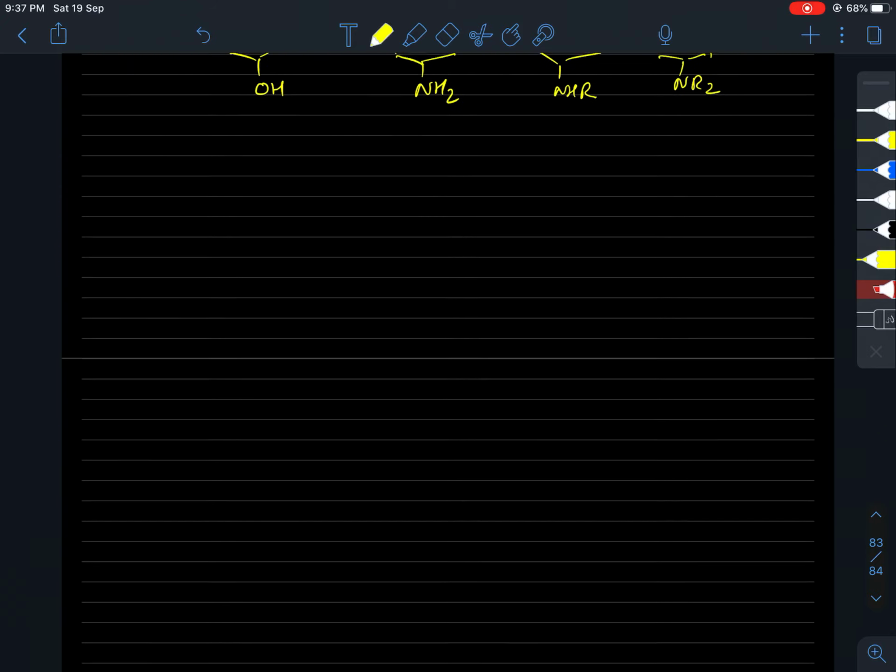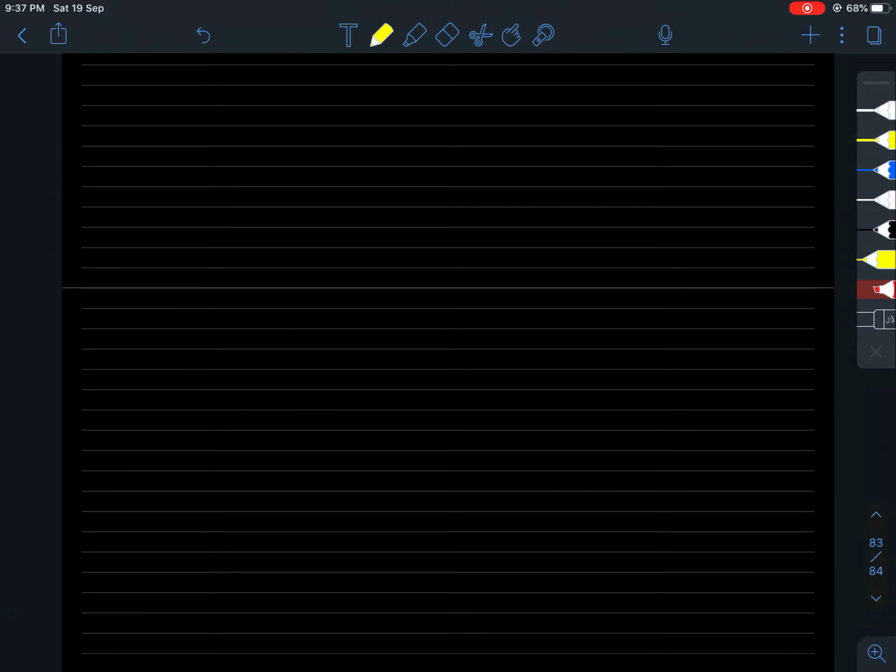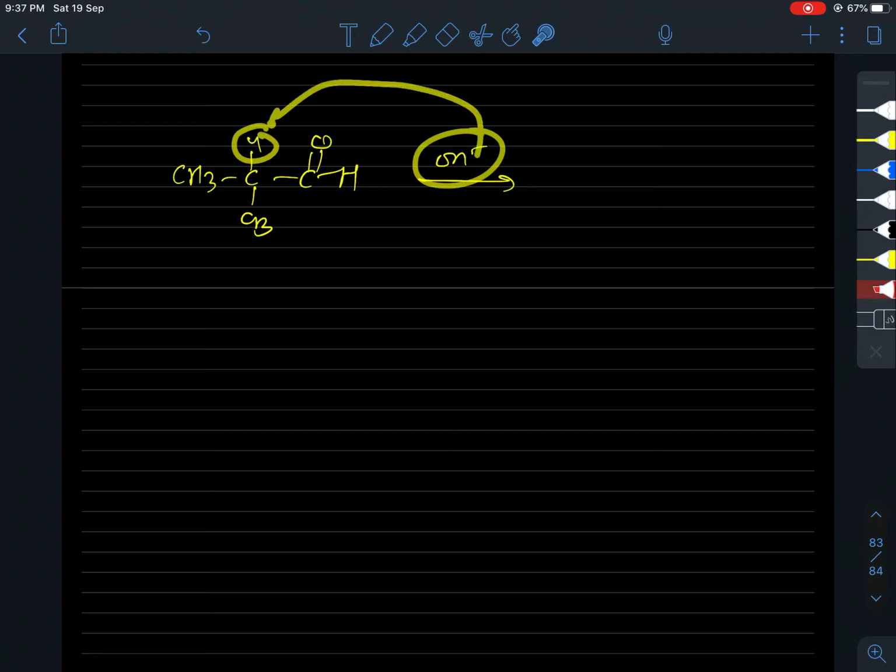Okay, and now coming to the last and final part, which is also really important, because there is one molecule reported, that is this one. Now if I take OH minus, there is a tendency for the aldol condensation, isn't it?